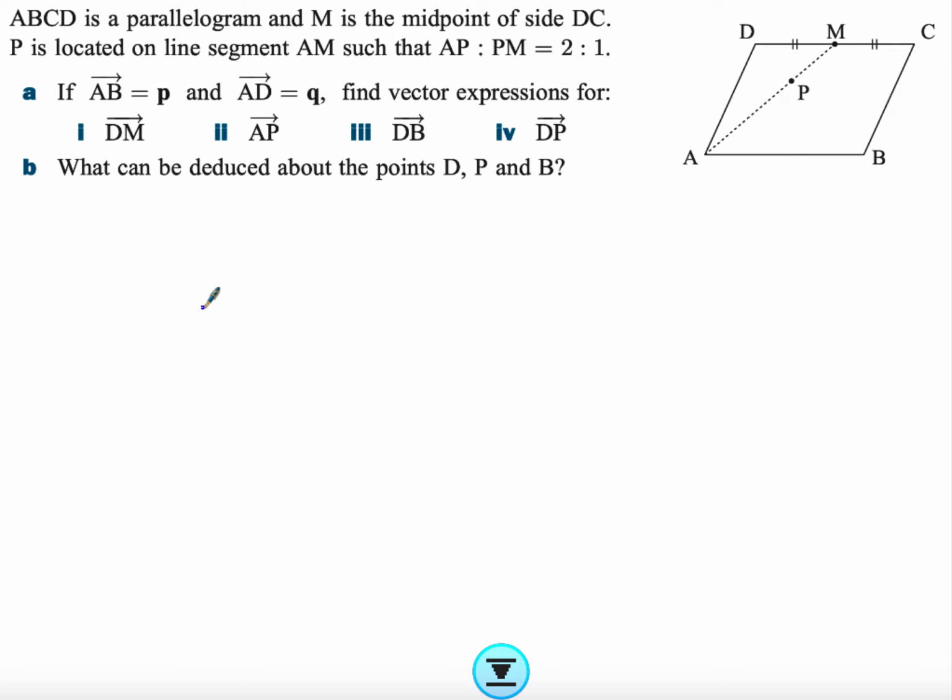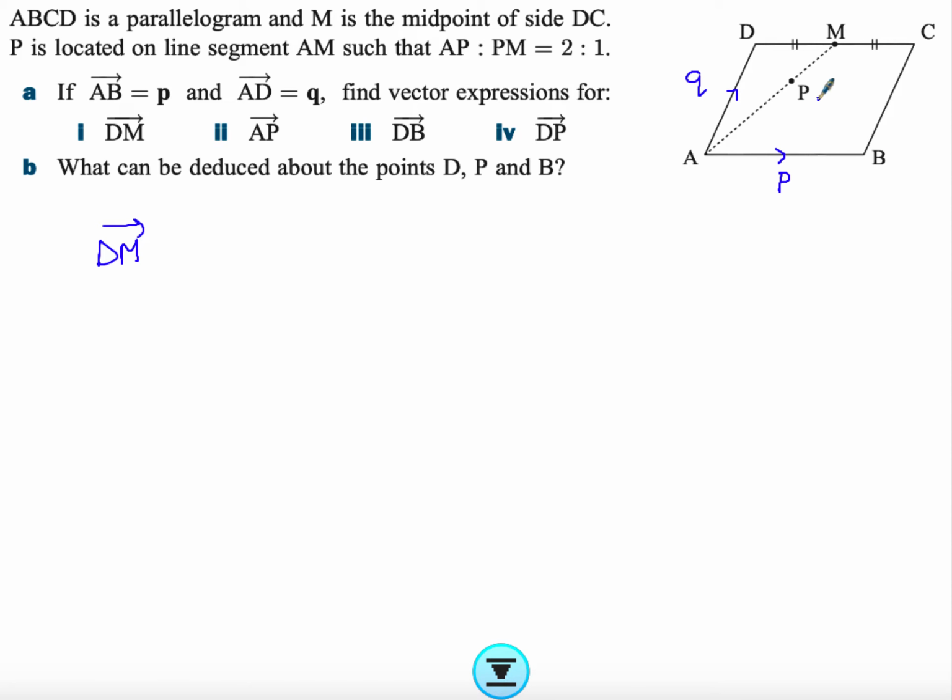Let's solve just a few examples, and then I'll leave the rest for you to attempt. They're giving me that A to B is the vector P, and A to D is the vector Q. Find the vector expressions for D to M. Since this is a parallelogram, be aware that AB is equal to DC, and AD is equal to BC.